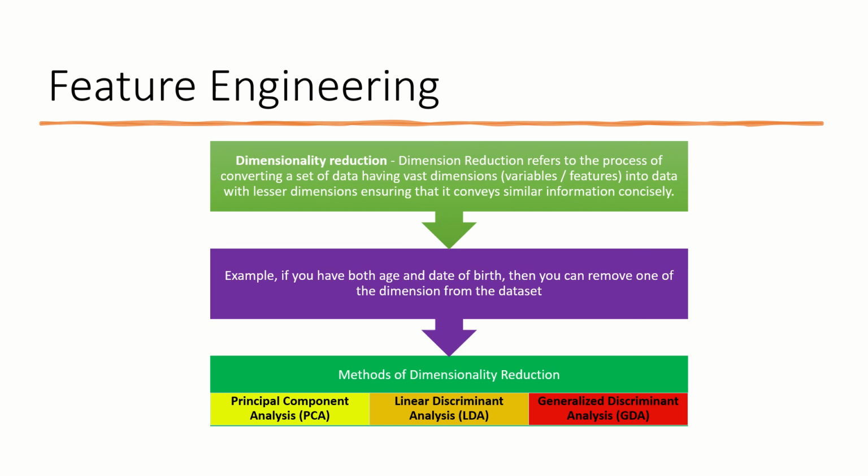And GDA deals with nonlinear discriminant analysis using a functional kernel operation. This technique is applicable again on supervised algorithms, and it works very similar to LDA. There are other popular dimensionality reduction techniques available, which are kernel PCA and truncated singular value decomposition, which is called SVD.